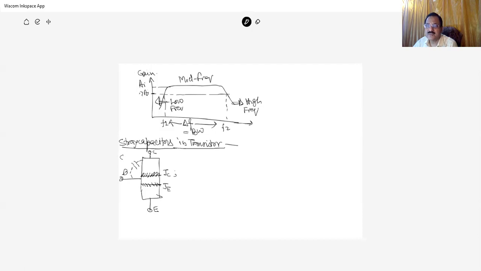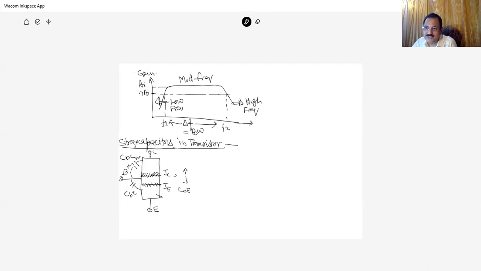This is capacitor C, base and collector capacitor. Another capacitor developed is here. This is C, base emitter capacitor, and here another capacitor is C, the collector emitter capacitor. So these three capacitors give the signal feedback.